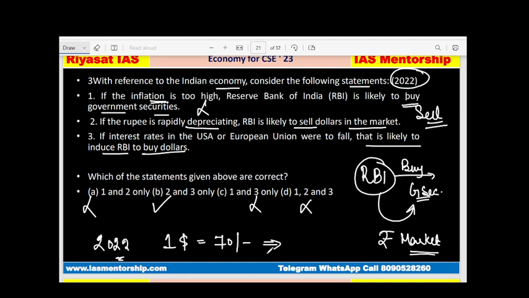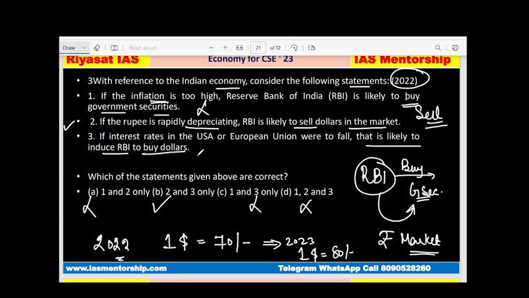Now what has happened in 2023? $1 became 80 rupees, which means that our rupee has depreciated. Its value is going down. Now we need to give more rupees just to buy $1. This is your rupee depreciation.